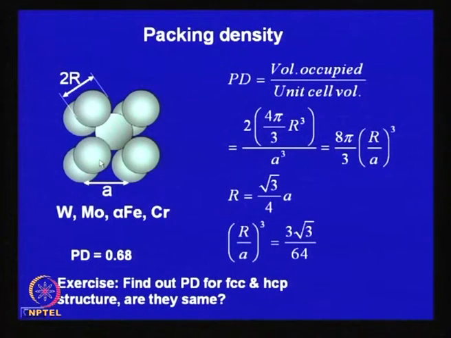And with this assumption that they are made up of hard balls, we can make a few calculations. Some of these calculations, like what is the gap between interstitial, that means between two nearest atoms, it is not fully packed.